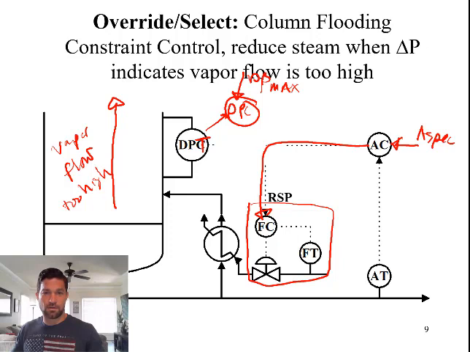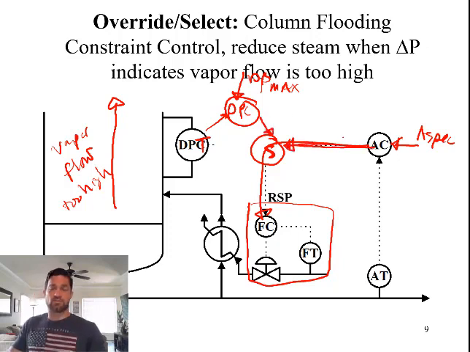Like before, we add a select controller, and the select controller is going to select between the main objective, which is the composition control loop, and the safety constraint. I don't care that the safety constraint is a max. I want to think about what this signal is going to be to get this to the maximum delta P. High flow of steam or low flow?